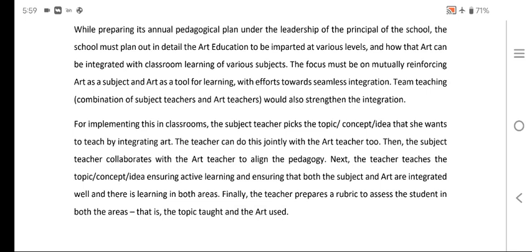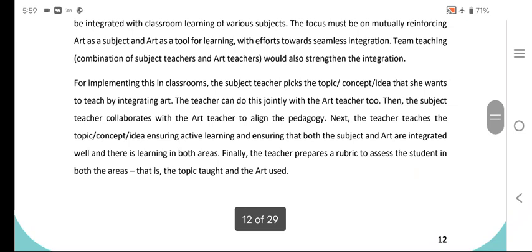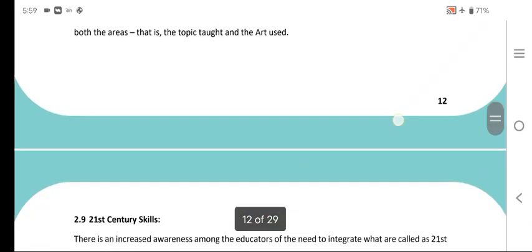They will be helping or assisting the subject teachers in implementing those difficult problems, to solve the problems, and not only that, make the student understand with the preparation of the rubrics, or with the art effect, with the performing art as well as visual arts.